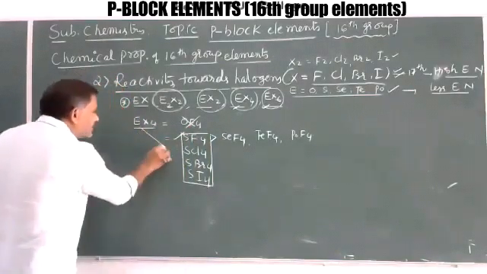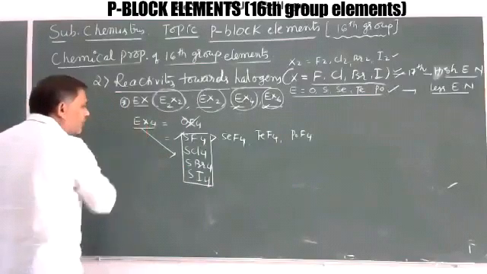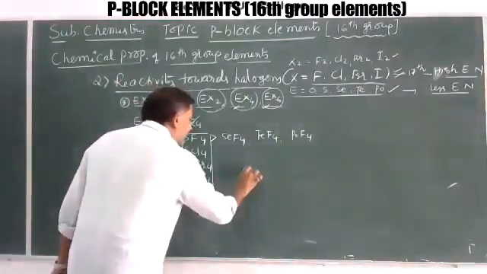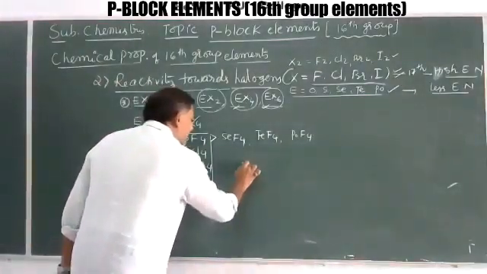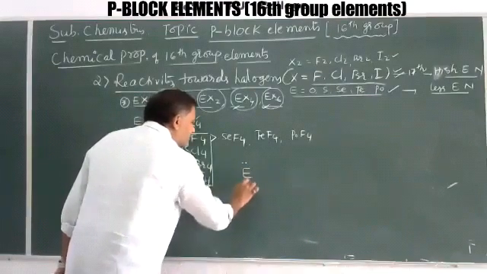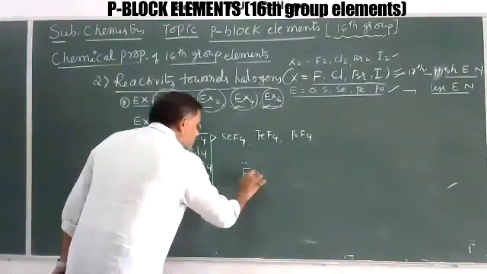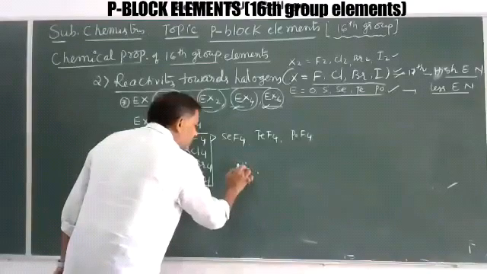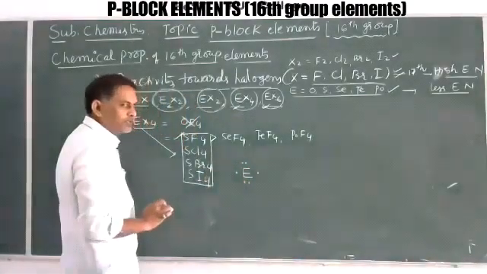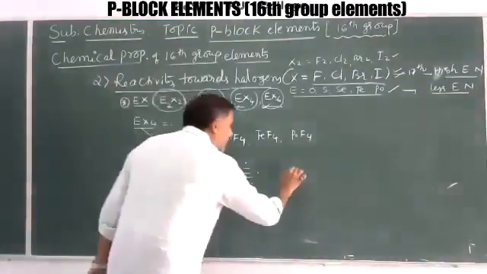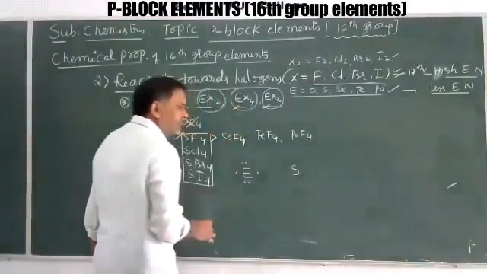Now it is like this model. Around the element E, there are 6 valence electrons. Out of 6 valence electrons, 2 are unpaired electrons and the remaining are lone pairs. Now here the element is S, maybe.